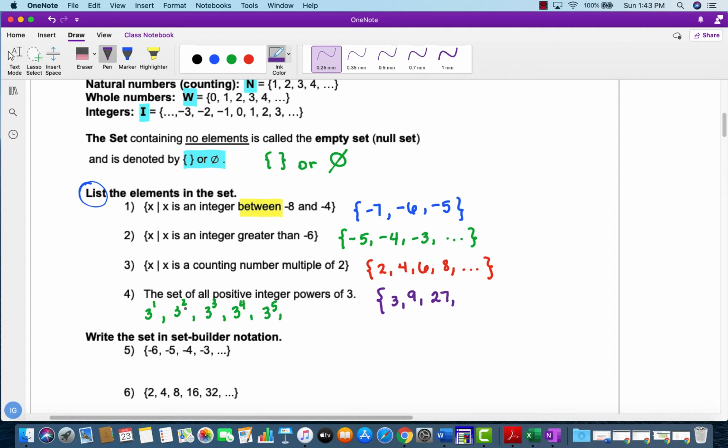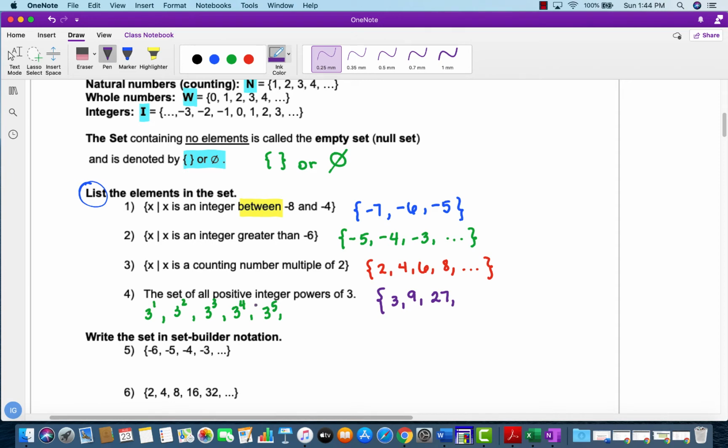Now remember the powers, you don't multiply the number times the exponent. A lot of students will say, well, 3 to the second power is 6. No, that's not correct. 3 to the second power means 3 times 3. 3 to the third power means 3 times 3 times 3.